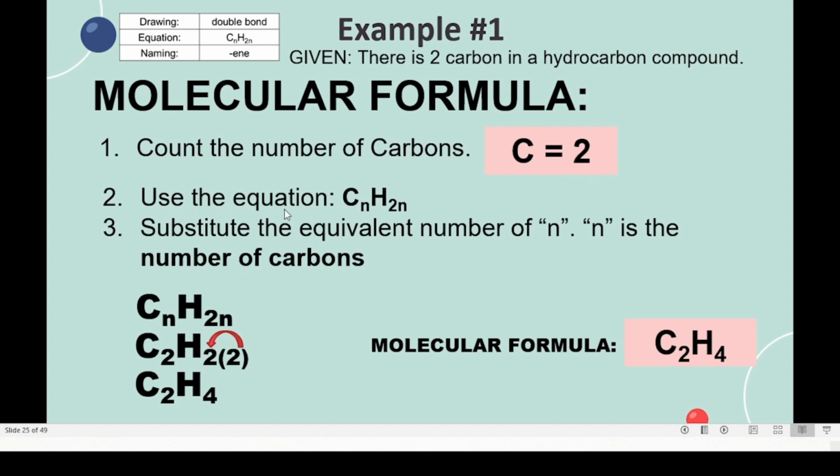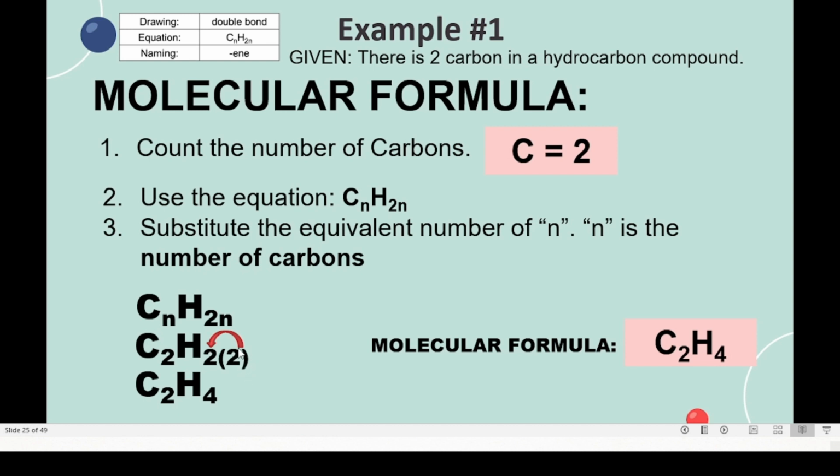Now, use the equation. The equation of alkene is CnH2n. Third, substitute the equivalent number of N. N is the number of carbons. So 2 is the number of carbons. So CnH2n, the N will be substituted with 2. So it will be C2H2(2).